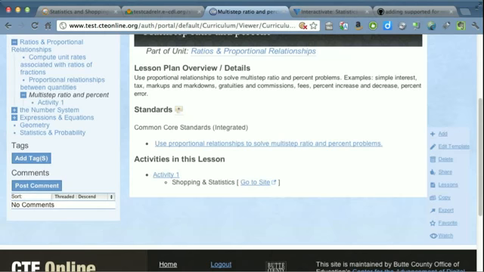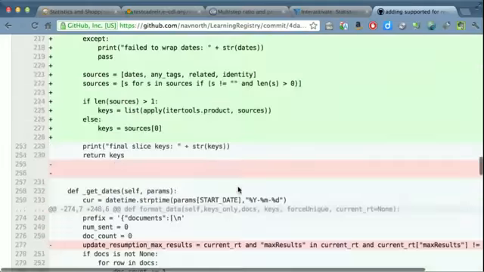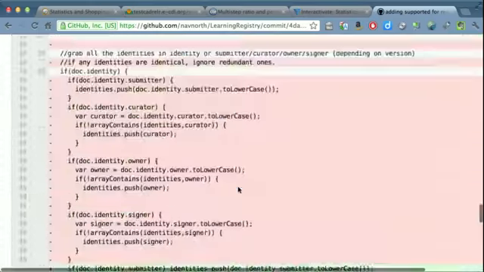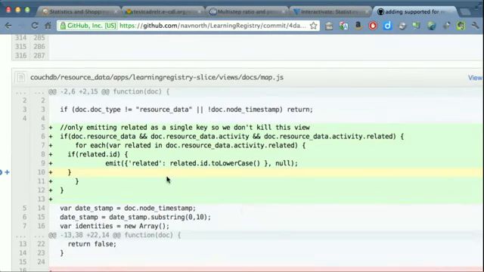Getting this data for the related standards was accomplished by modifying the slice service. If you look at our GitHub account, Navigate North Learning Registry project, and then modified the slice service, as you can see, this is the majority of the code that was added in order to get the related data out of the Learning Registry.